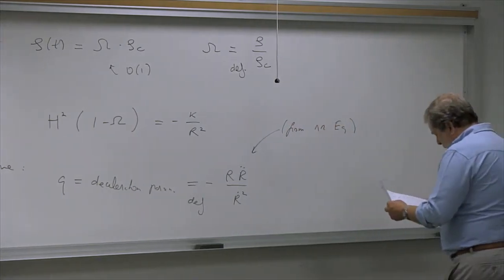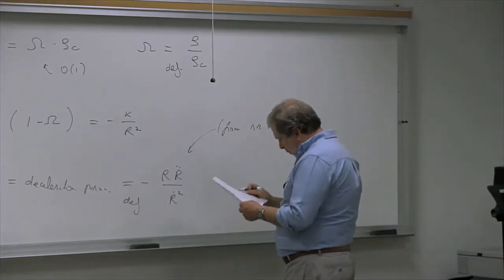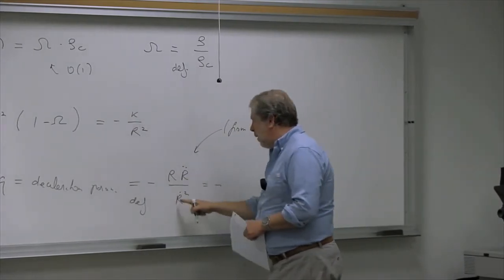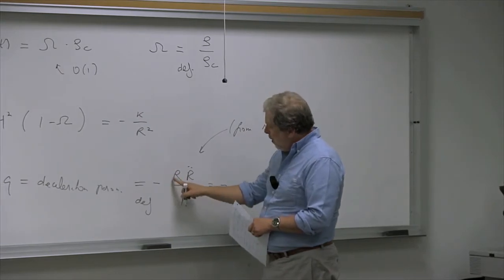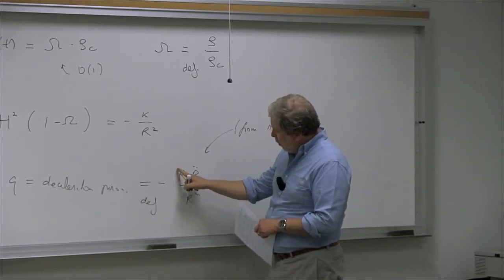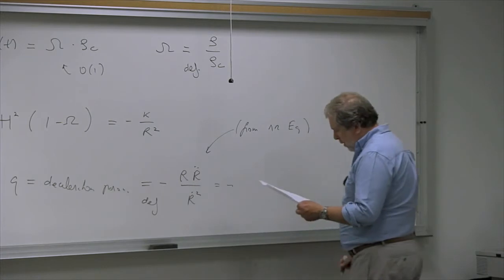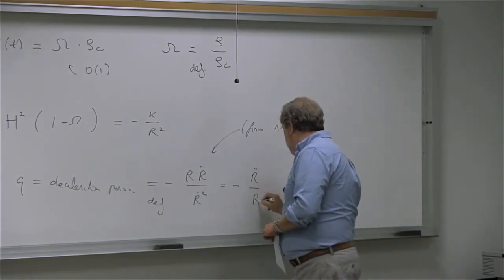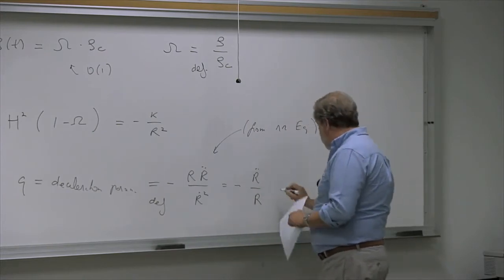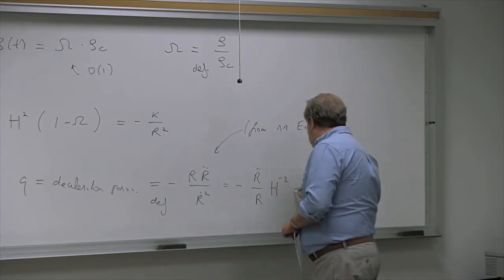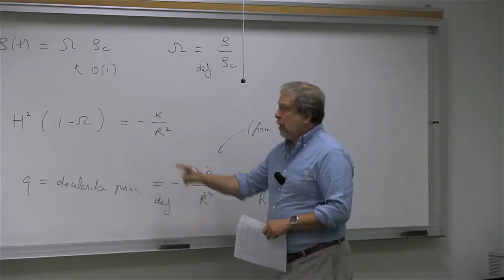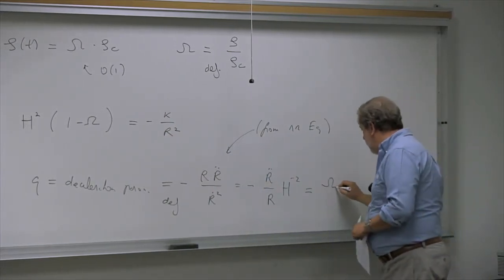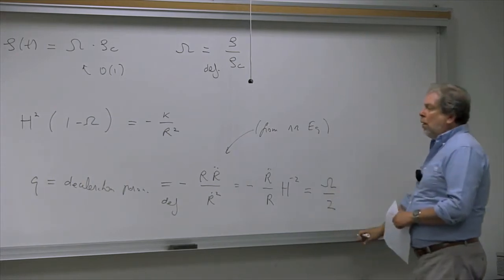And so we can rewrite this as, well, first of all, it's clear that we have the Hubble H appearing in this combination if we multiply and divide by r squared. So this is equal to minus r double dot over r times H to the minus 2. And because of this relationship and the field equations, this is just equal to capital omega over 2.